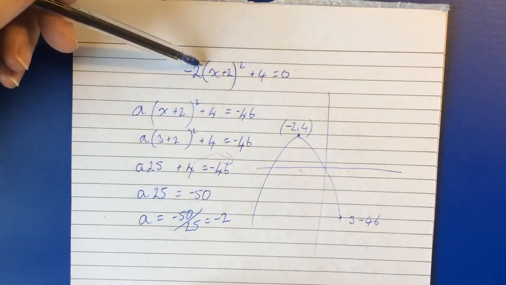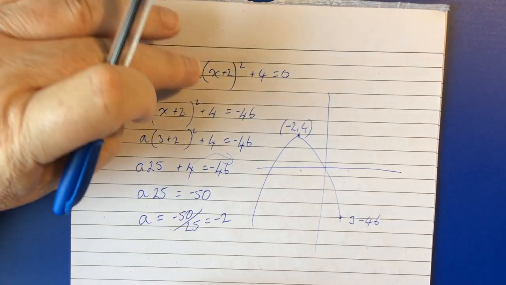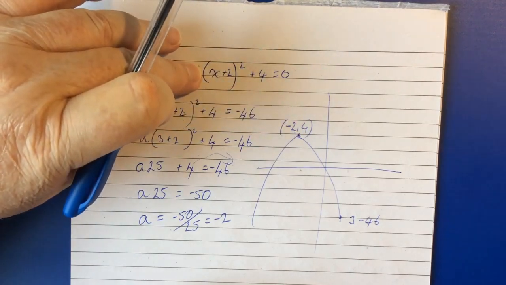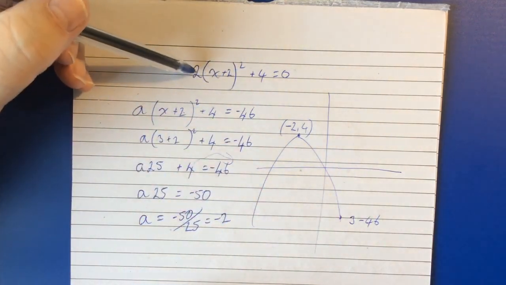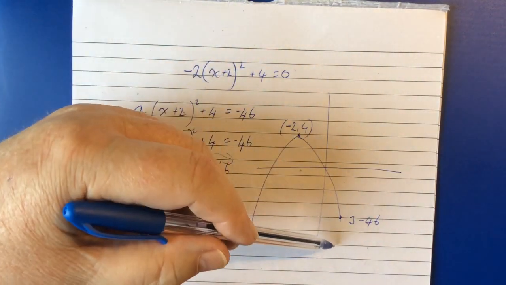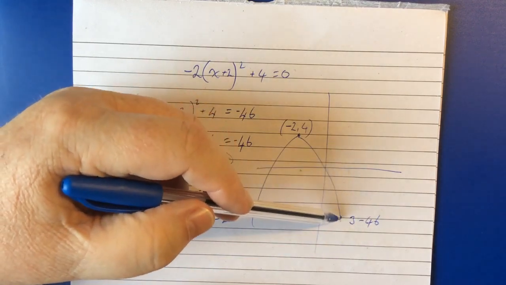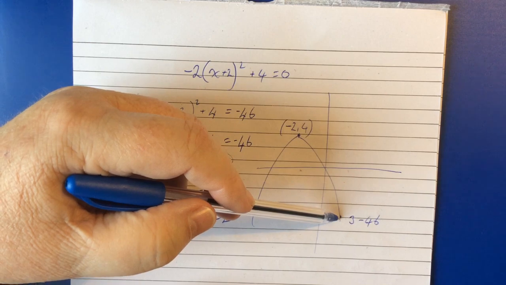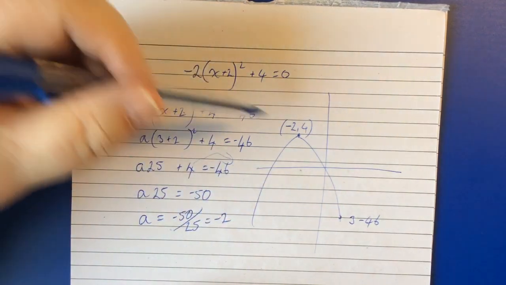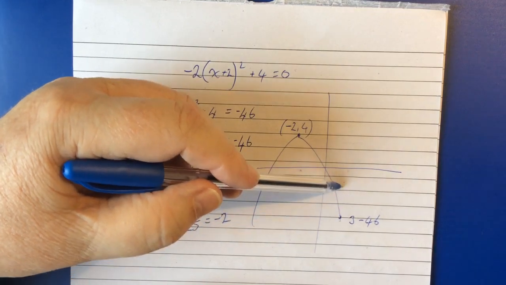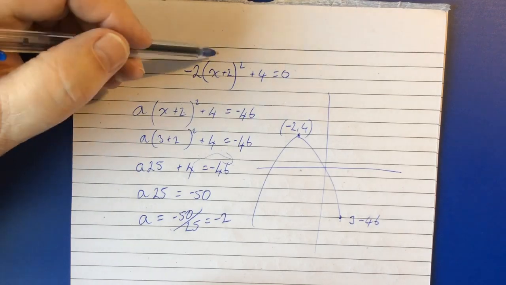And what the -2 has the effect of doing is turning over what would otherwise be a positive parabola, making it negative, and dilating it so that the values of y are moving away from the x-axis. If this were negative but the 2 weren't there, this point here would be much closer to the x-axis. But that's possibly something for another day.